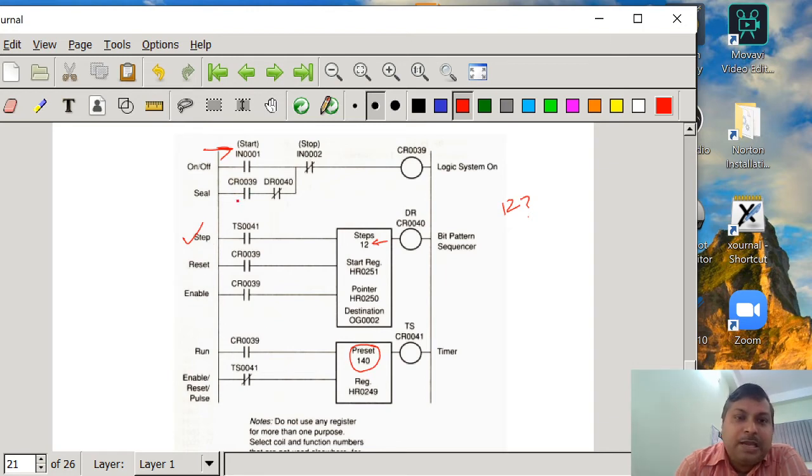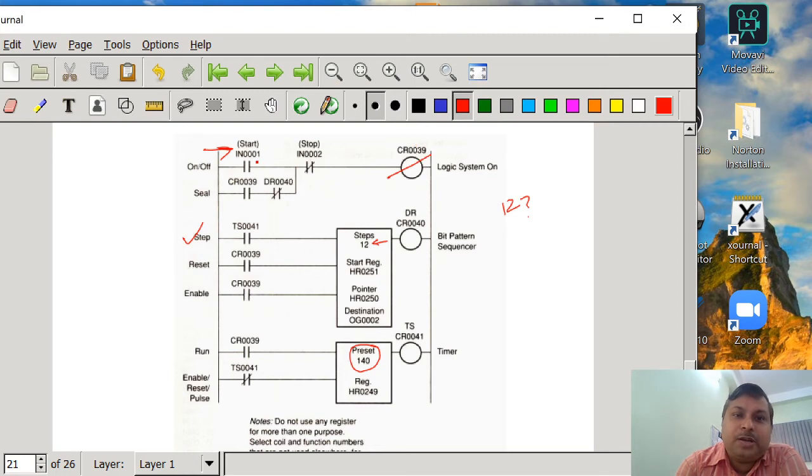Now we know that DR40 is going to be energized at the 12th step. Sorry, I said 11th, it is the 12th step. Until the 12th step it is going to be de-energized, so it is going to be normally off. Whenever you push the start button, CR39 is going to be energized.